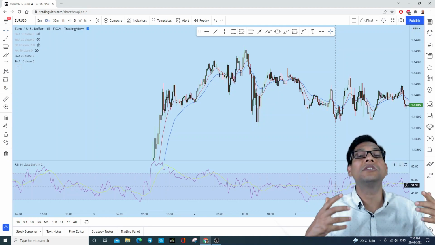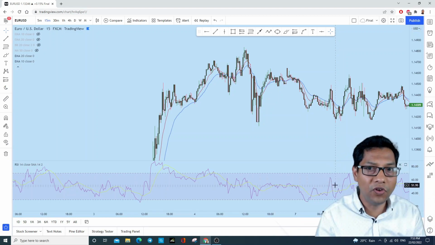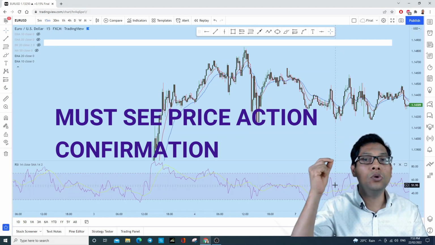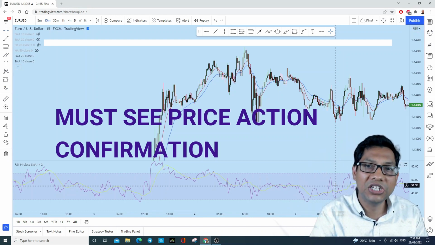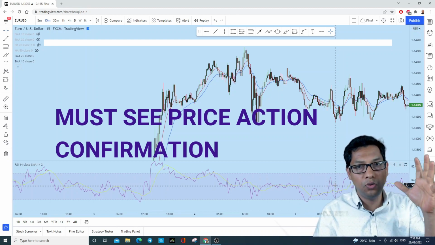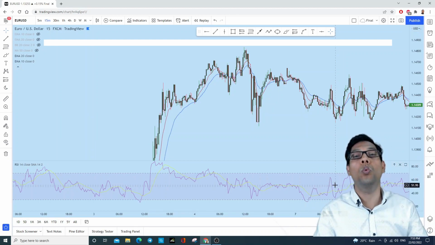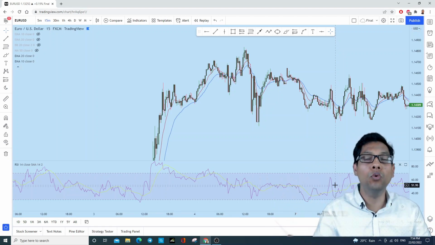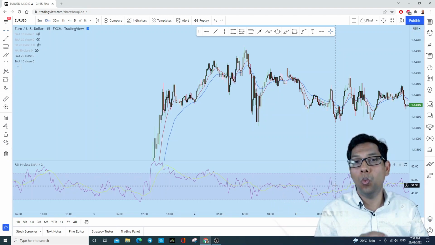So when you see these two conditions fulfilled, then you trade. No, you will not trade still. You need another price action confirmation. Now this price action confirmation, you need to find out what you want. You want a hanging man, shooting star, bearish engulfer, bullish engulfer, doji, whatever.